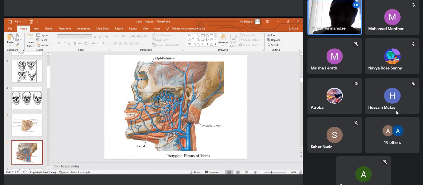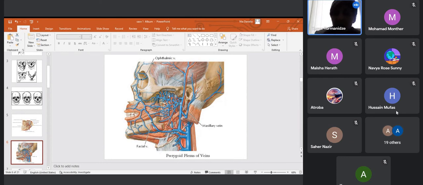What is the main vein of the deep region of the face? The pterygoid venous plexus. This is the pterygoid venous plexus, which is formed by the union of different veins. This venous network is located more superficially in the deep region of the face.